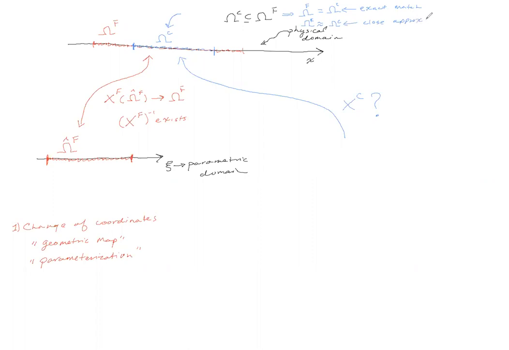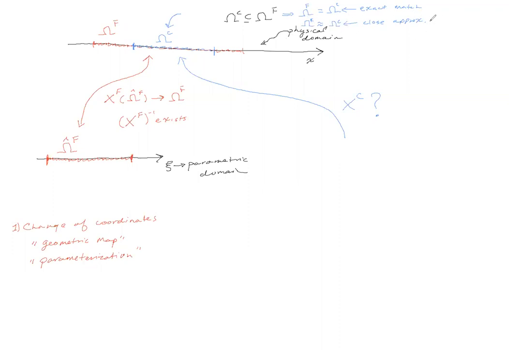Where do standard finite element methods fall? Hopefully close approximation. Usually it's here. It's a close approximation. There's things done to omega c either to simplify it or to change it slightly, so you can create this mapping xf.